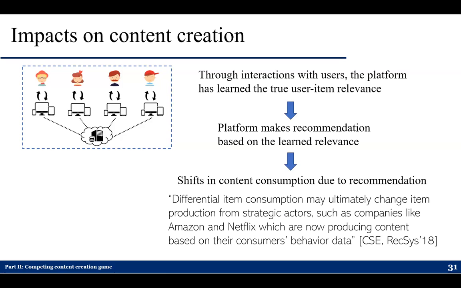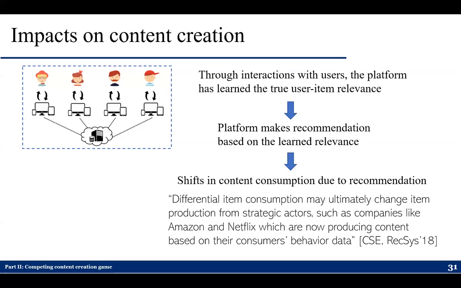But the consequence of that is this will induce shifts in the consumption distribution of the contents. And this has been widely recognized in the literature about recommender systems. For example, let's say the user population forms groups, and there is a majority group that likes certain types of contents.